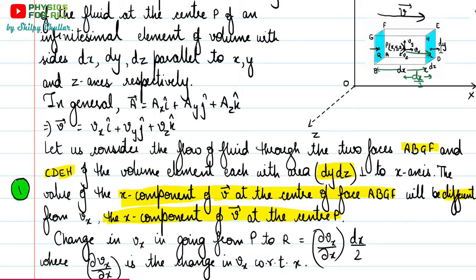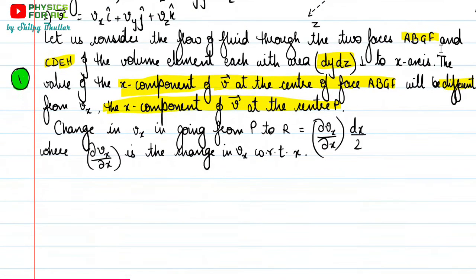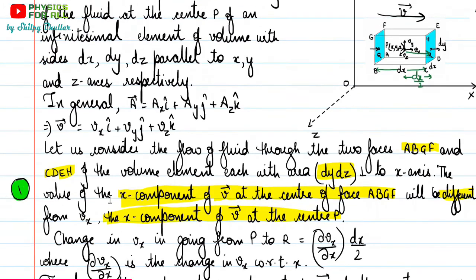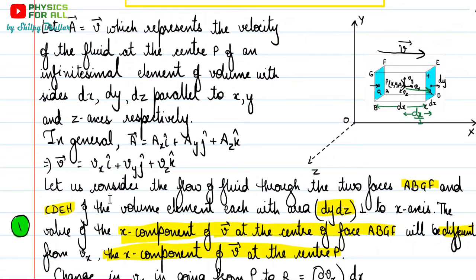So we are concerned with the value of the x component of V at the center of CDEH, that means at point R. Now we want to know what the value of the x component of V at point R is. So for that, what do we have to do?